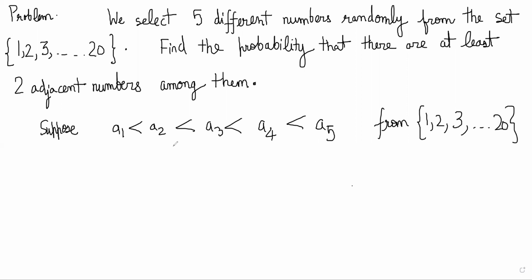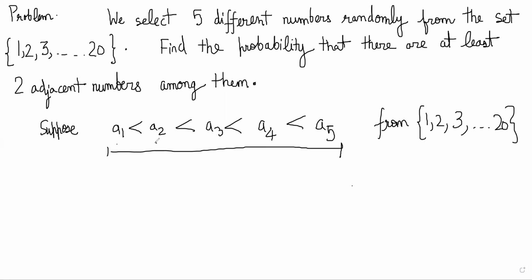Because if I can count the number of ways I can select the unequal numbers, then obviously this is the case where none of the numbers are adjacent, right? Actually, I'm wrong. This could have cases where the numbers are adjacent because A1 could be less than A2, right?